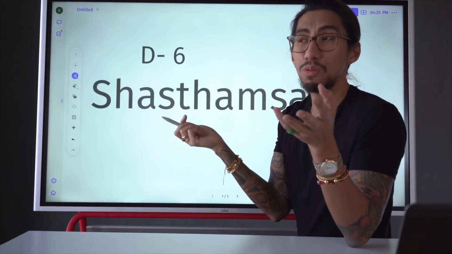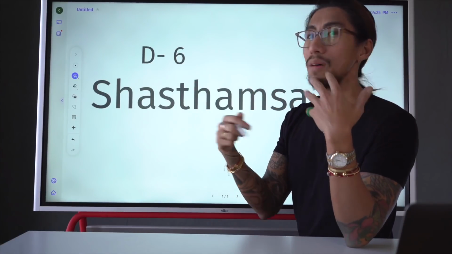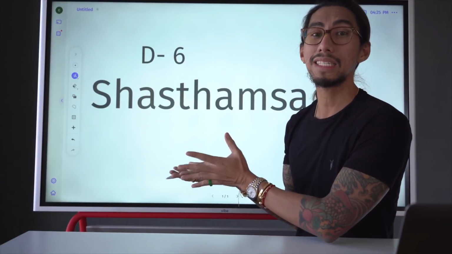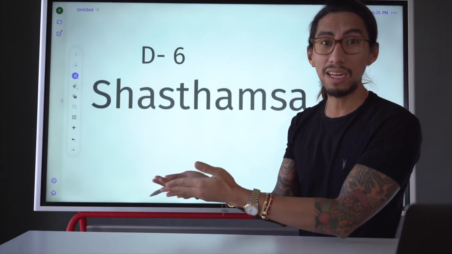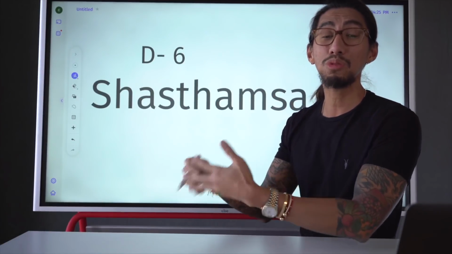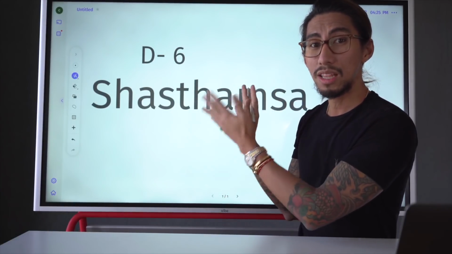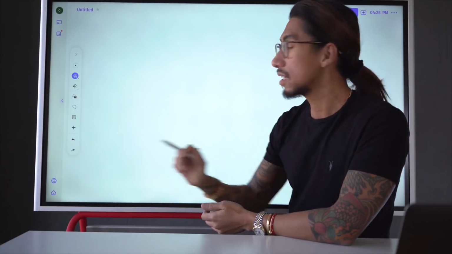Whether you have the D2, which is the aura, or the Chaturthamsa, it's as if you have all this property without looking at this chart. What if you have ailments? Then it's going to be difficult for you to enjoy that wealth. So it's very important to see this chart, which we call D6.